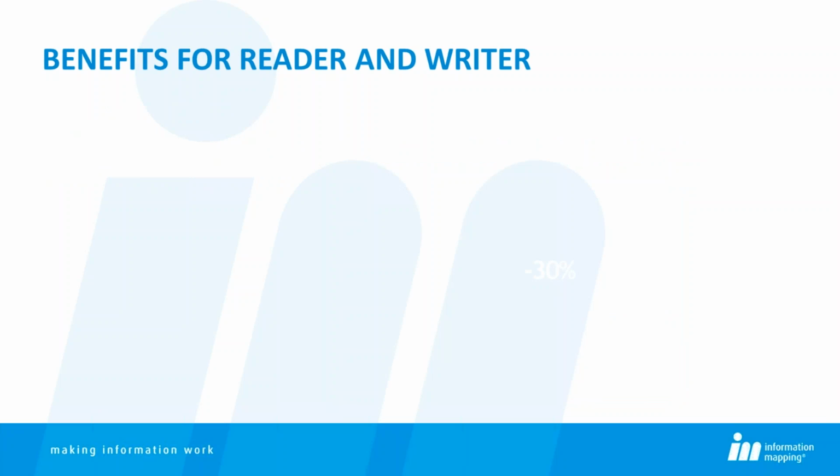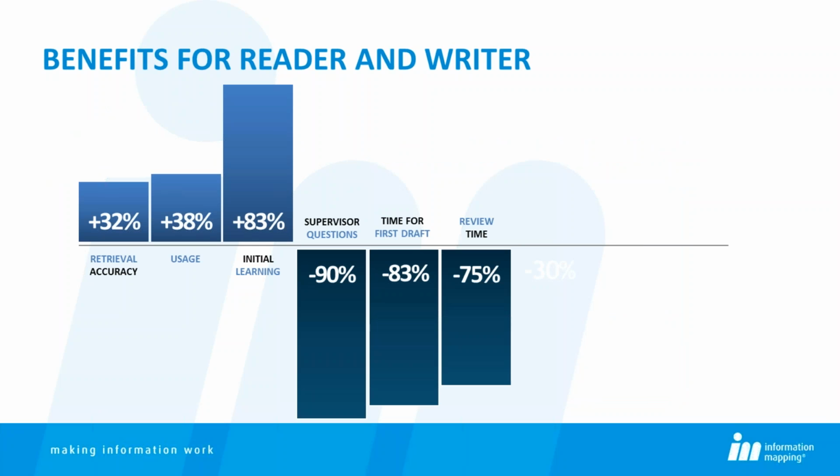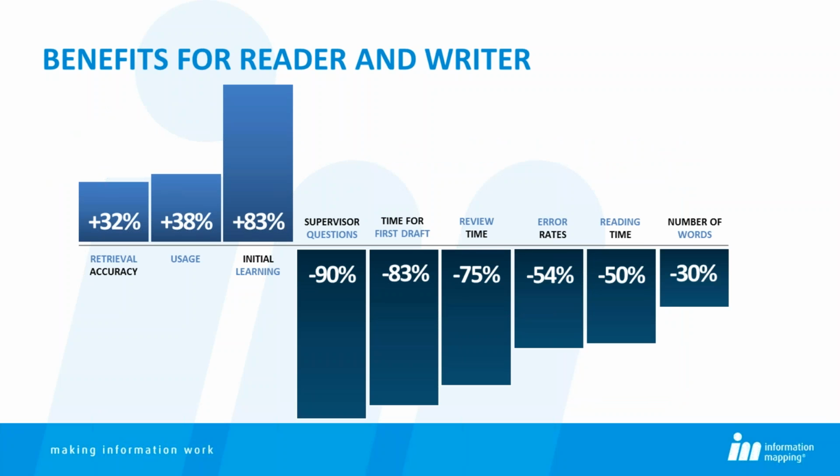Let's talk about some of the benefits for the reader and writer. As you can see here, there are a number of different benefits. The retrieval accuracy is up by 32%. A big change is the initial learning, which is particularly important in the training environment.